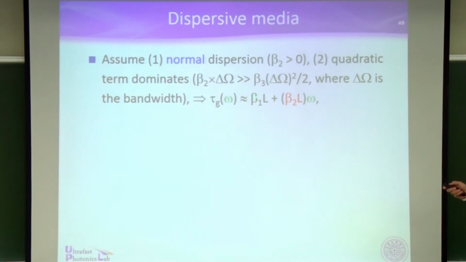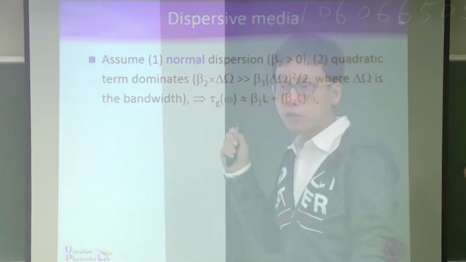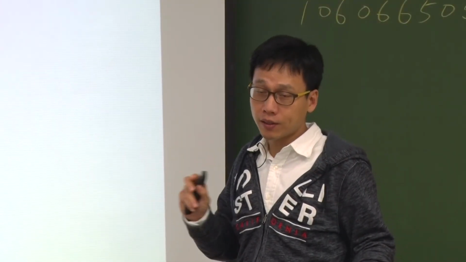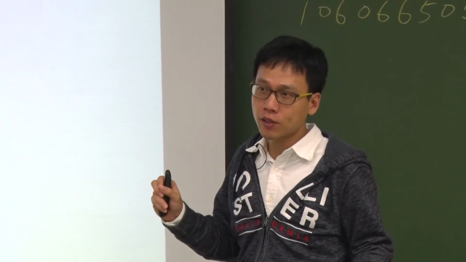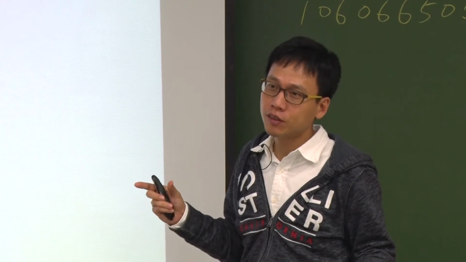Beta 1 L, same thing as before, but this time you have beta 2 times L times omega. This is a linear function of omega. So now, different omegas will see different group delays. So different colors will spend different times to pass through the same material.